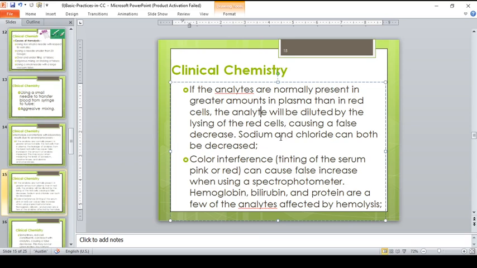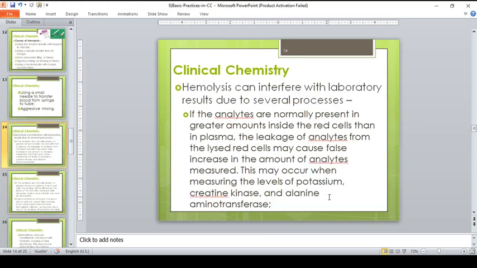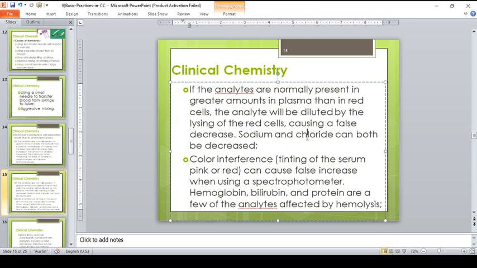Hemolysis may lead to false decrease in value of sodium and chloride. But that is inverse in the case of potassium, kasi mas maraming potassium ang nasa loob ng red blood cell. Mas konti yung potassium na nasa plasma or serum. So if there is hemolysis, the level of potassium is increased. But for sodium and chloride, their levels may be decreased.